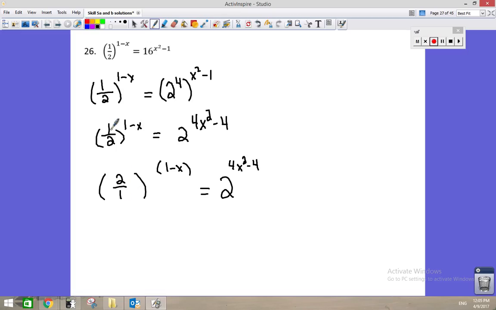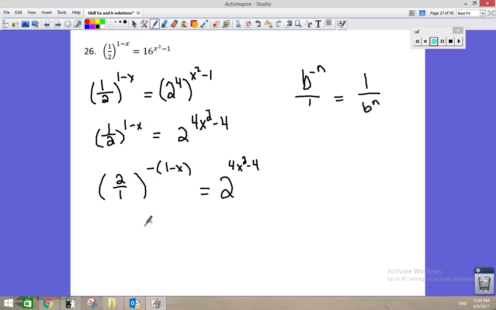Well, I can't just come in and flip it, but I can flip it if I change the sign of the exponent. A negative exponent never makes your answer negative. Remember the property of exponents, that b to the negative n is just 1 over b to the positive n. So that base changes location within a fraction.